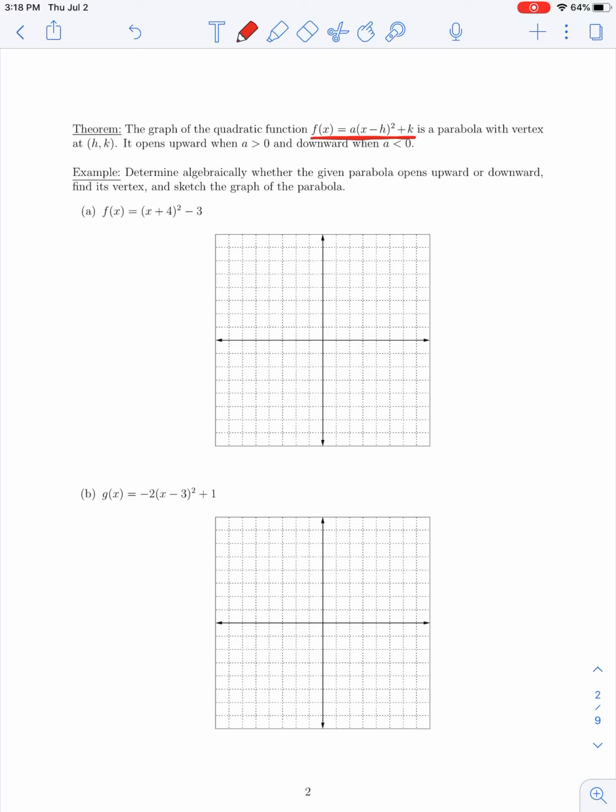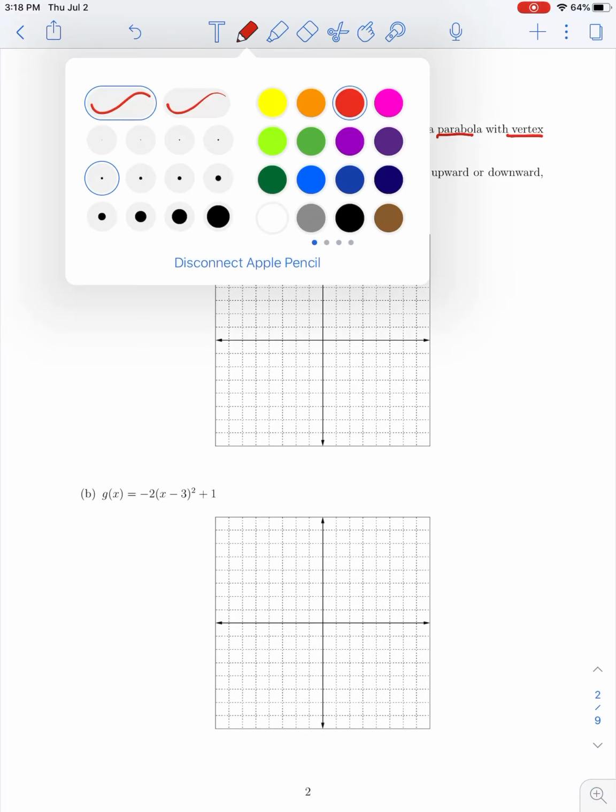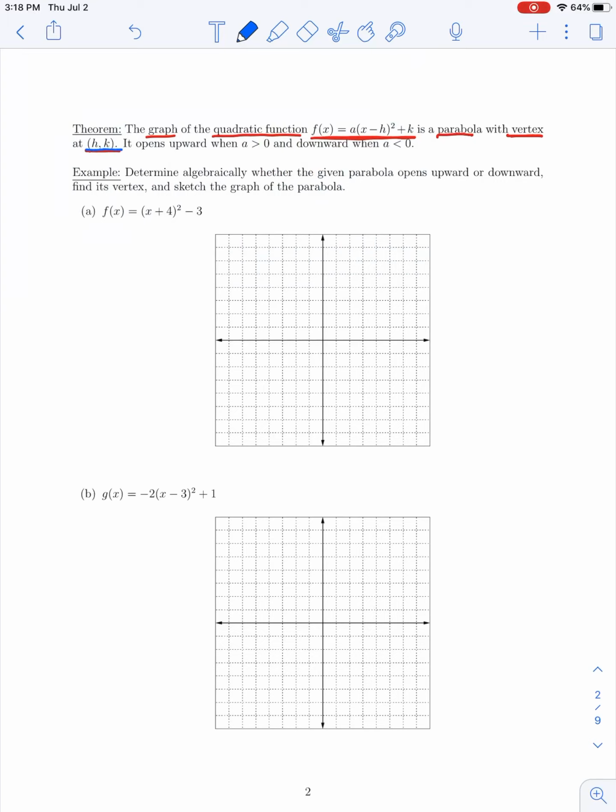And this theorem says that the graph of such a quadratic function is a parabola whose vertex is given by the point (h, k). So here, this point (h, k) is the vertex, and the values of h and k can be read off directly from this function.